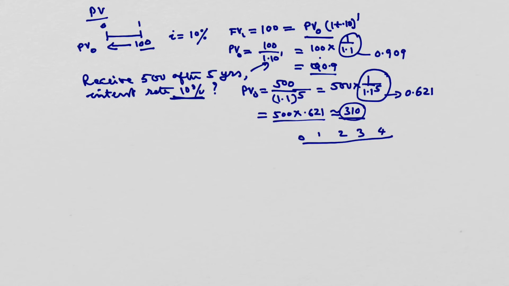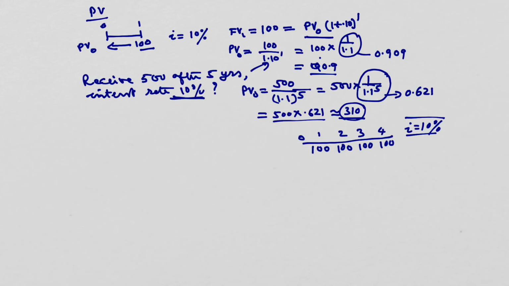Now, I deposit in a bank, let's say, or I receive from a bank or somewhere 100, 100, 100, and 100 each year. Now, if I know the interest rate, let me take the interest rate once again at 10% for simplicity. You can take any rate.